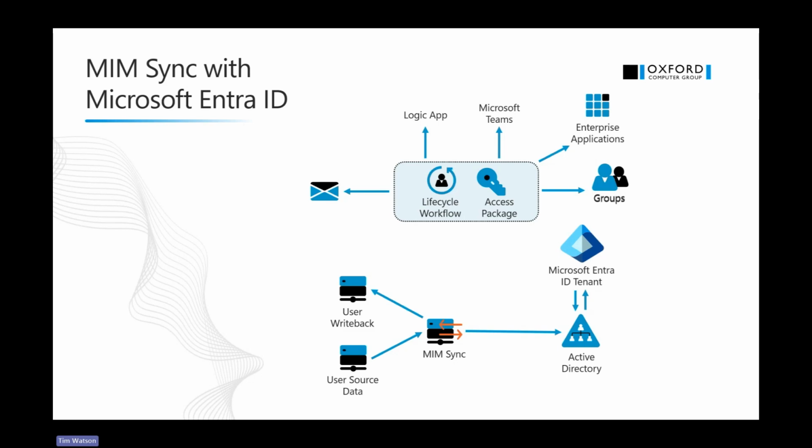The days of having a group for each application are gone by moving over. I can add you to a Teams, add you to a SharePoint site, and call a Logic app if I need something more custom. There's some public preview to add people to PIM roles. So there is a lot more you can do than you had in the MIM portal when you move over to Entra ID.